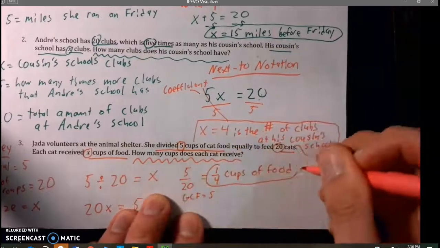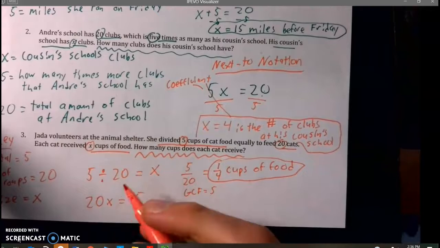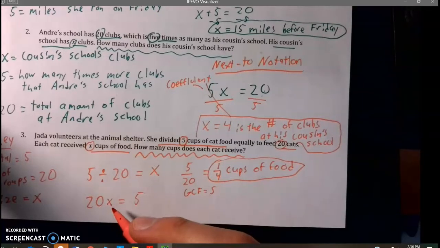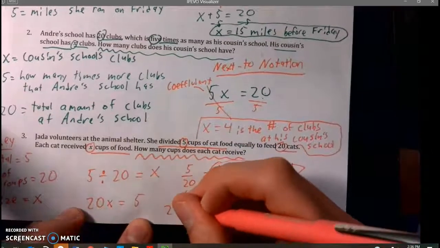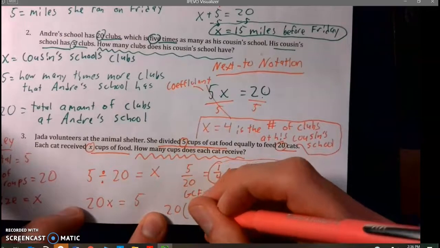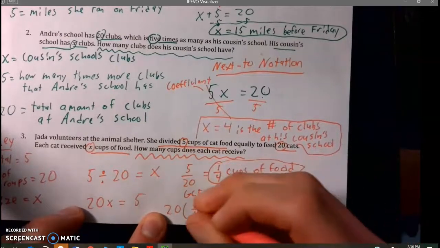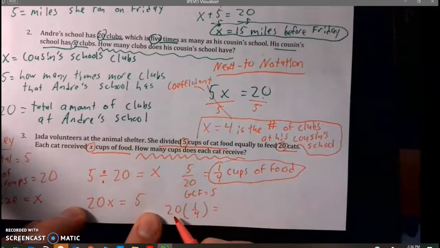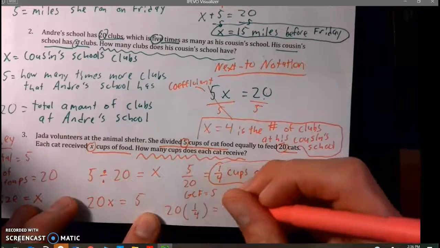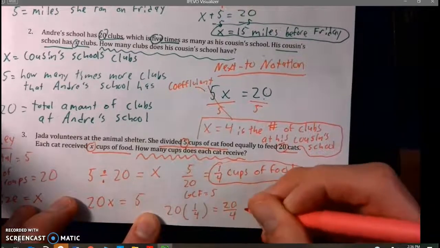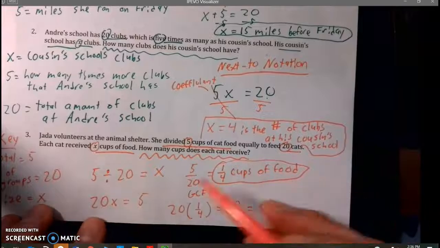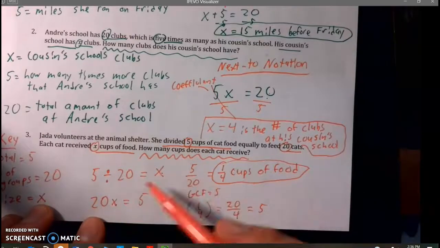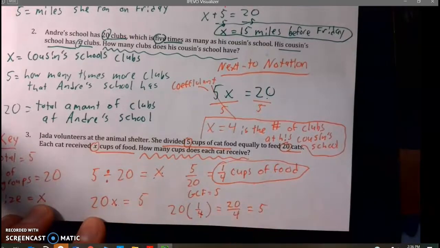Then if I substitute that back in, I should get the same answer. So 20 times 1/4. When you multiply by a fraction, the whole number multiplies by the numerator. This would be 20 over 4, and this would be 5. So we could see that in either situation for x, I would get the same number, which is 1/4.